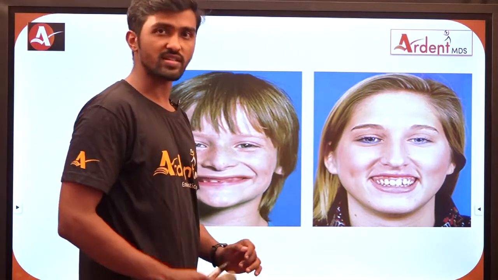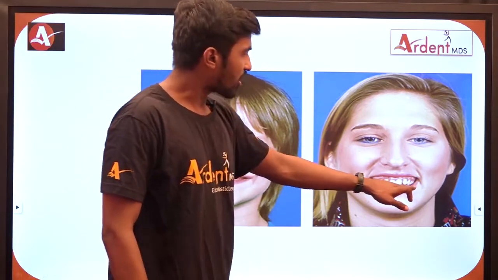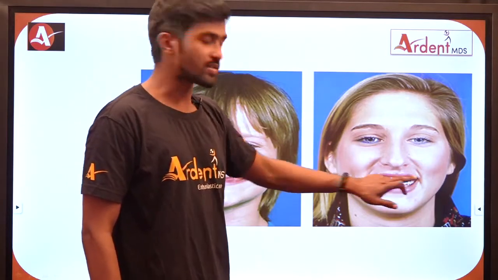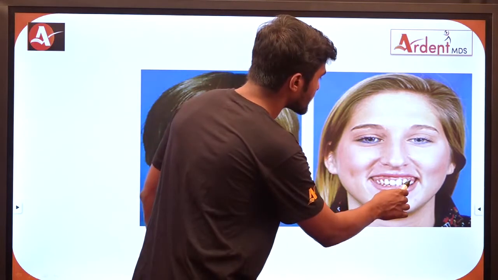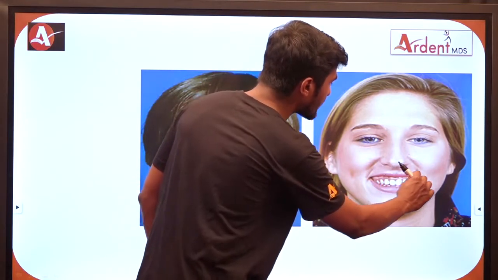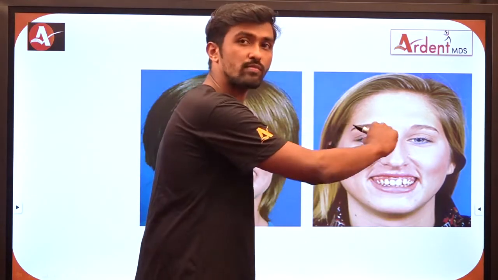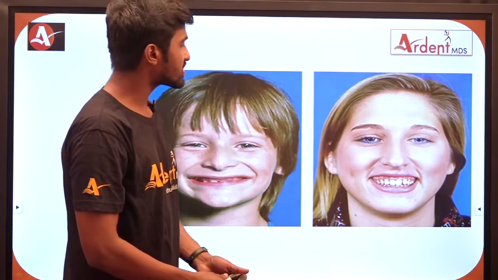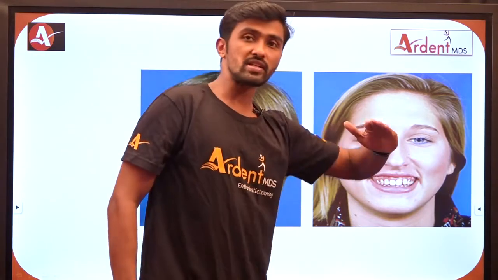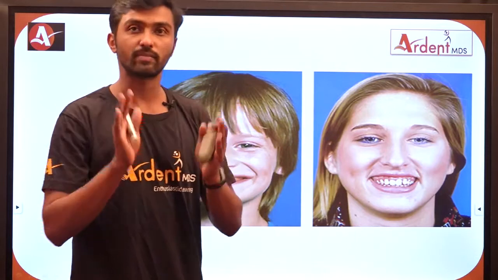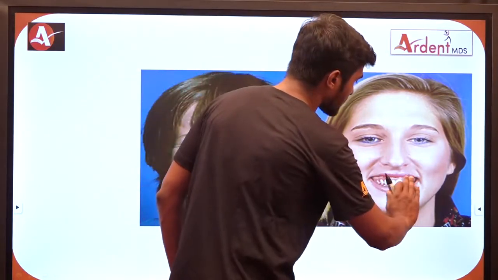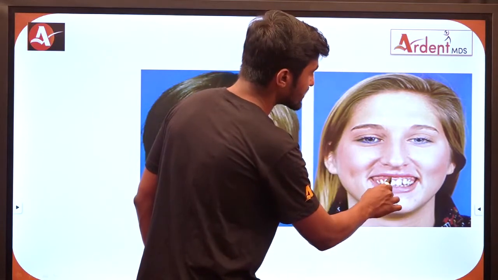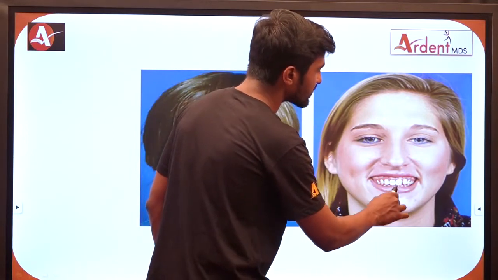Just focus on this image. Here a proper coronal portion of the teeth is visible, but when we look very carefully, the gingival portion is increasing as we go posteriorly. So there is a pitch down of the posterior maxilla. I will repeat again. When we see the frontal view, the gingival display is very little.